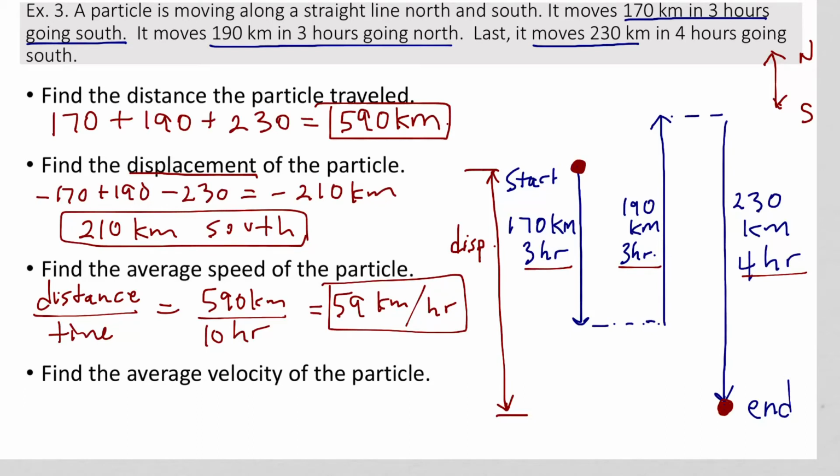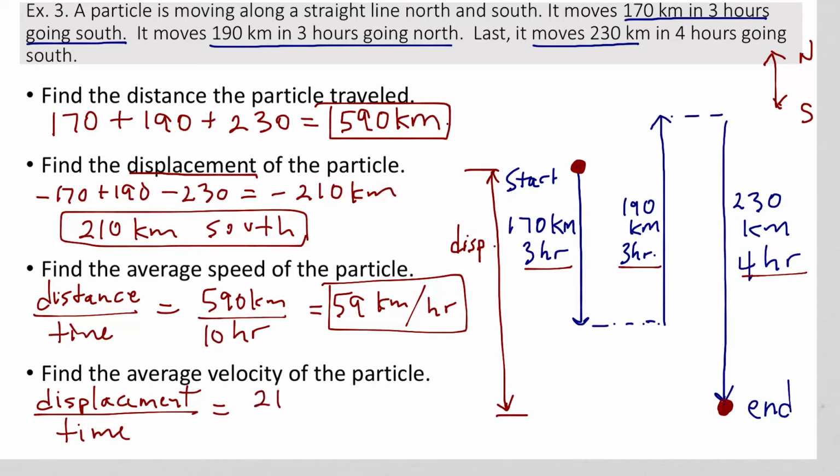All right, now for average velocity, back on that same formula page, velocity is a vector quantity. So we want our displacement quantity, which is a vector quantity. It has a sign, is what I'm getting at. Displacement over time. All right, so our displacement was this quantity here, 210 kilometers.